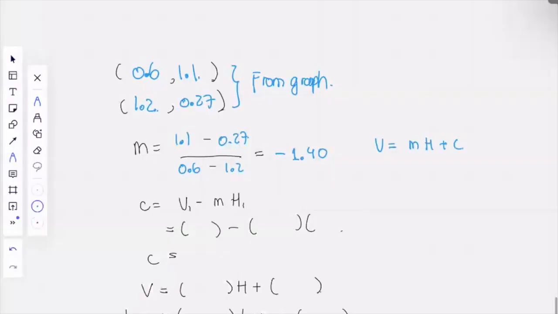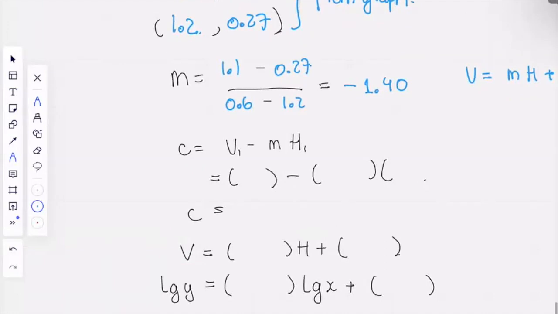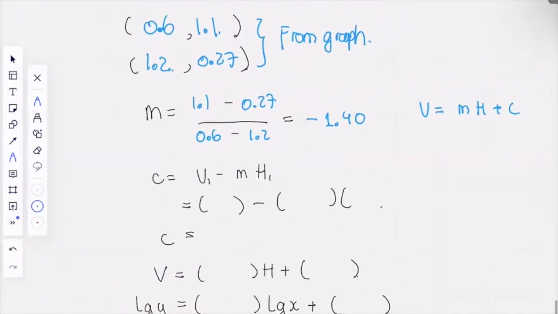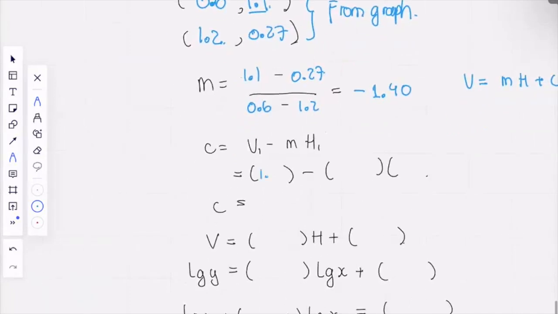Then c is equal to v1 minus m h1. We substitute here. v1 maybe we put this one. This is v1, then this is h1. 1.1 minus negative 1.40 times h1, 0.6.